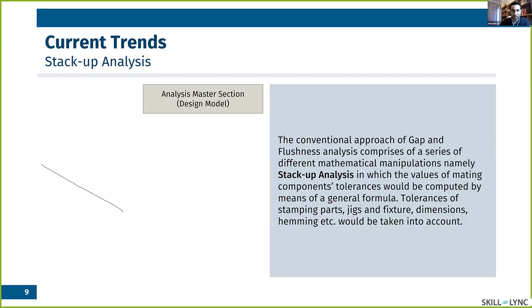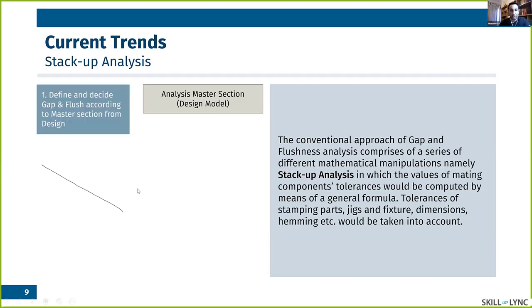After that, let me tell you again that in this stage we would define and decide gap and flushness according to the master section from design. This is the backbone of the design, and the rest of the procedure would be founded upon this aspect.